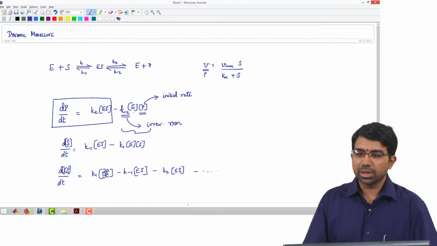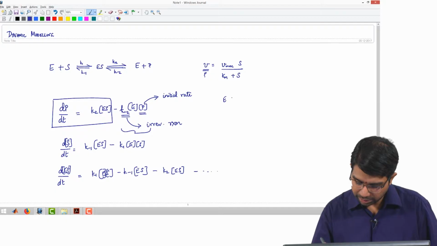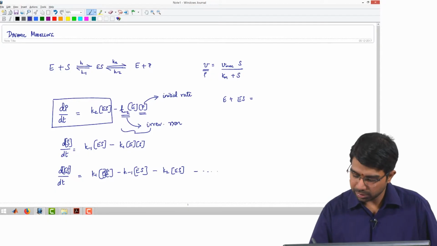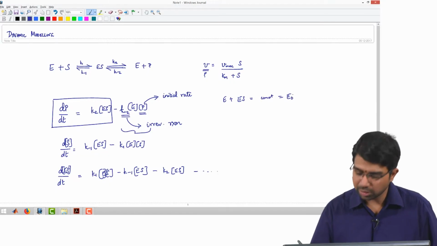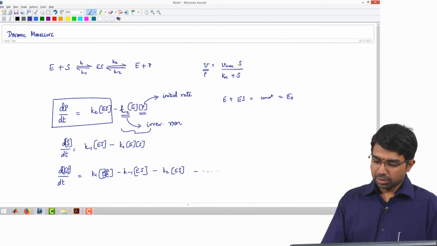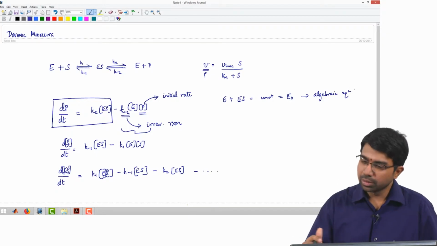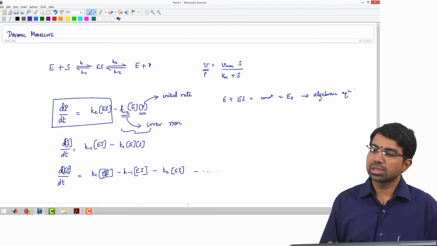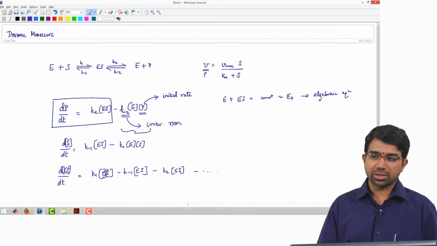And you have also another equation, right, E plus ES equals constant, in fact equals E naught. So, this is one algebraic equation. You combine it with the rest, you can essentially compute that, and you also have to usually apply one assumption.